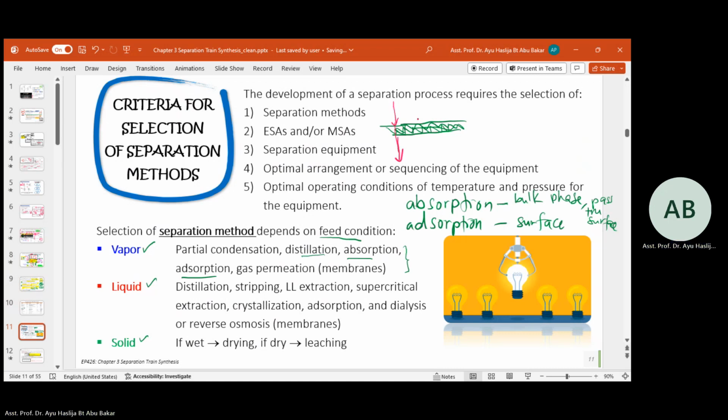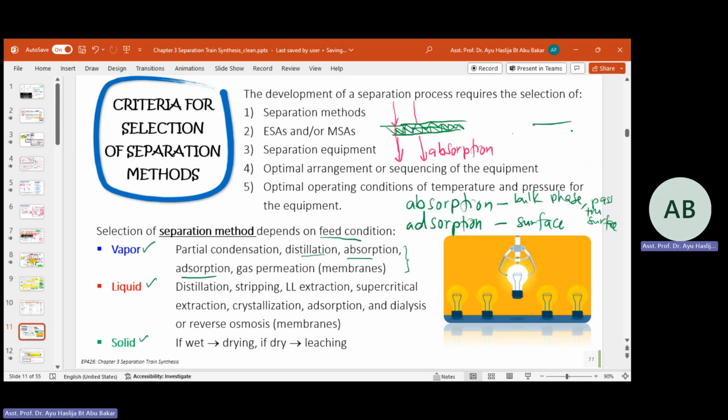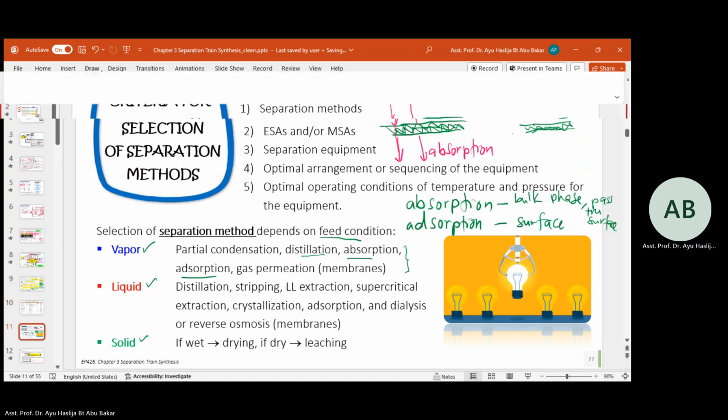It passes through. This is absorption. But adsorption plays on the surface, the solute particles attached on the surface.